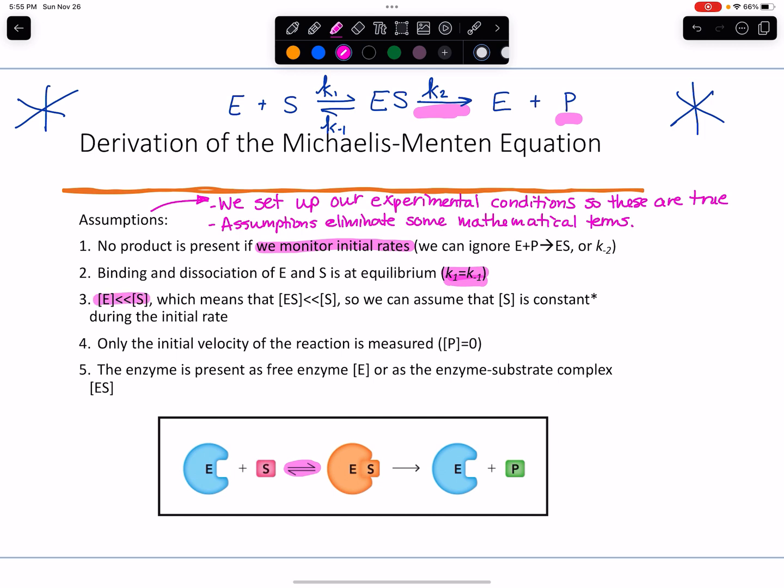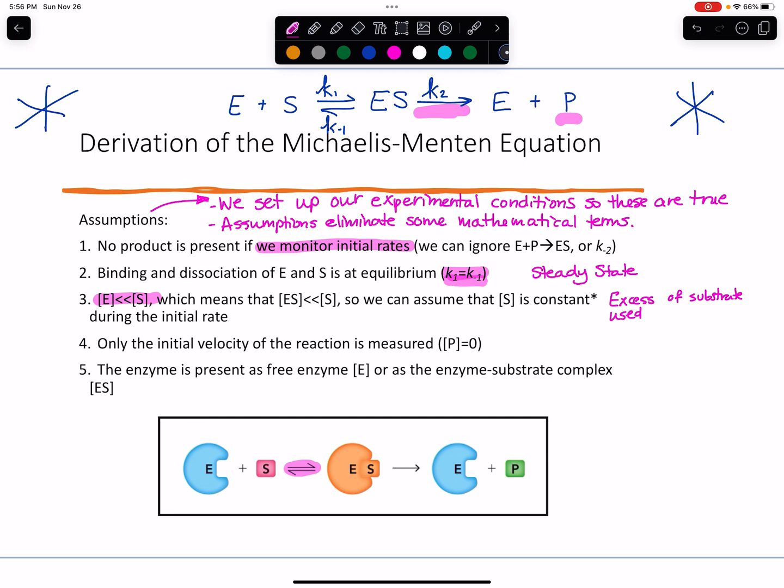We're going to call this the steady state.